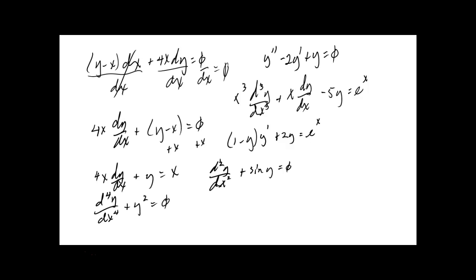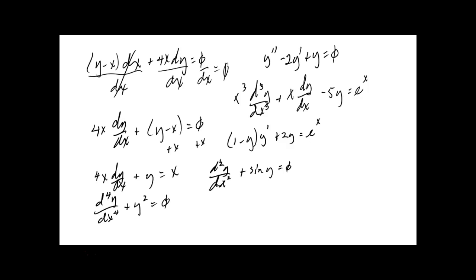Plus 4x times dy dx equals 0. Okay? Well, that's fine. And so I'll rearrange the order, put 4x dy dx here, plus y minus x here equals 0. Add x to both sides if you want to. 4x dy dx plus y equals x. That's linear because that's to the first power, that's to the first power. Perfectly fine. Every one of those is to the first power. That's a linear second order differential equation.